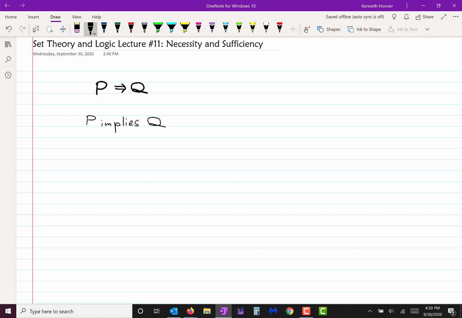And another very common way of reading that is to say, if P, then Q. Those are the two most common, but there are other ways you can read that as well.